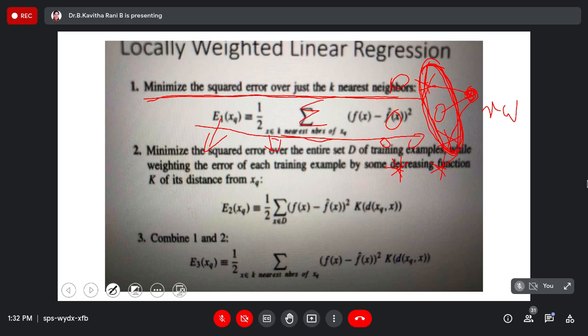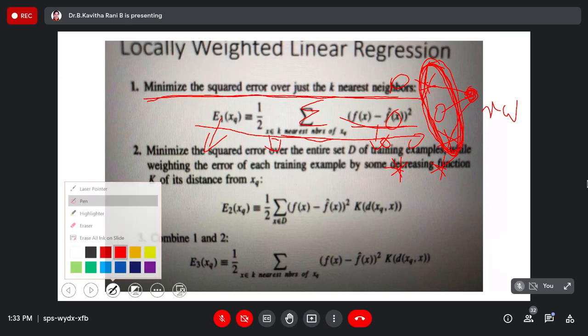Sigma of f of x minus f cap of x, squared. So what you are doing is trying to calculate the error in prediction. So this is used to find the error in prediction. For this, you are considering only the k nearest neighbors to find the error.